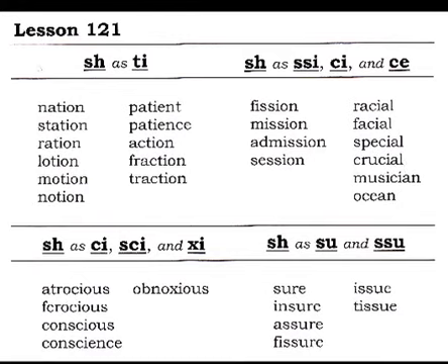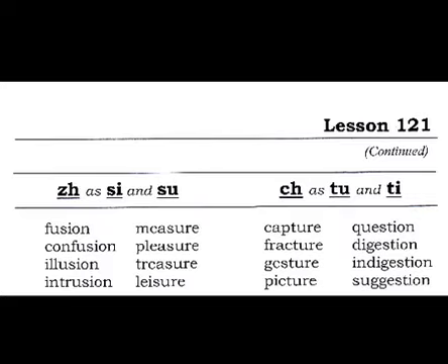And continuing on in lesson 121, you will find that ZH, we have no letter for ZH in English, so it is spelled SI and SU as in fusion, confusion, illusion, intrusion, measure, pleasure, treasure, leisure.